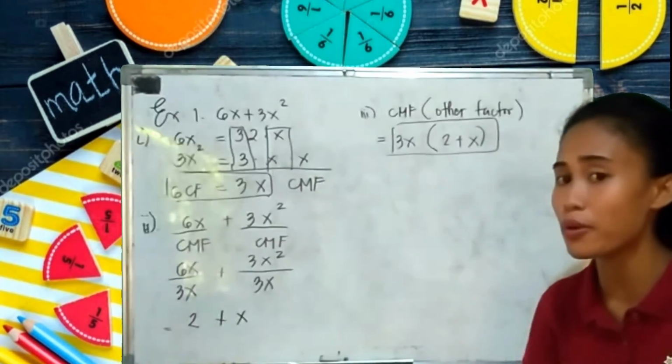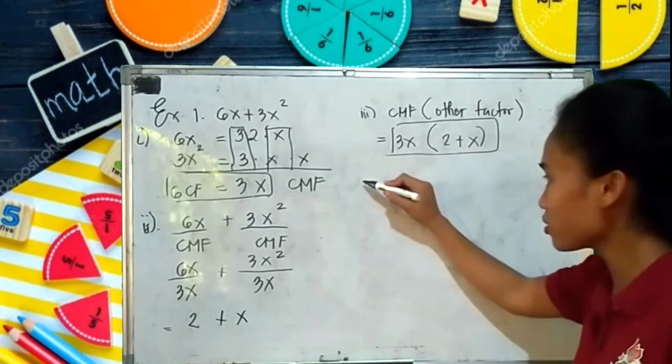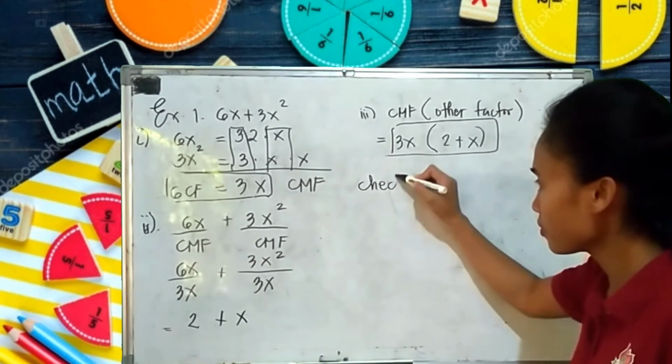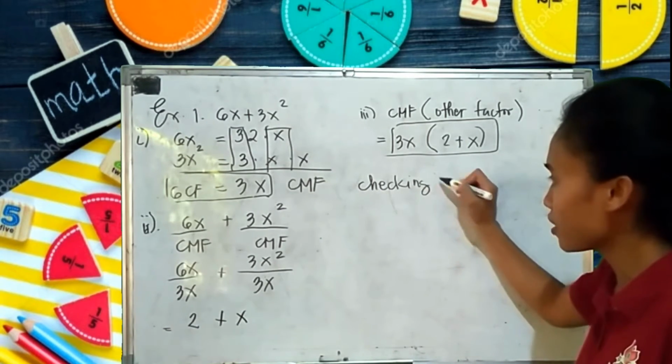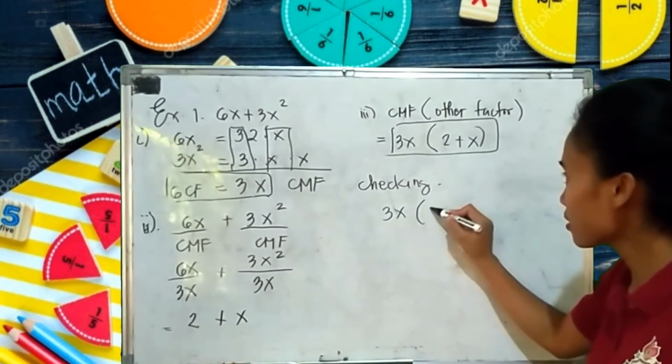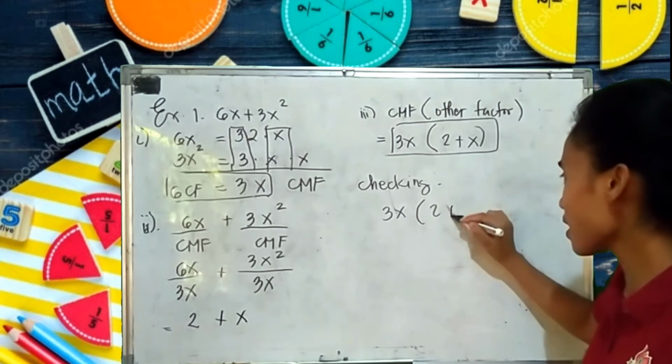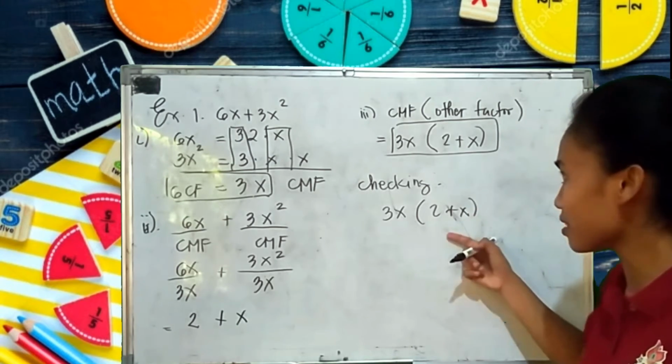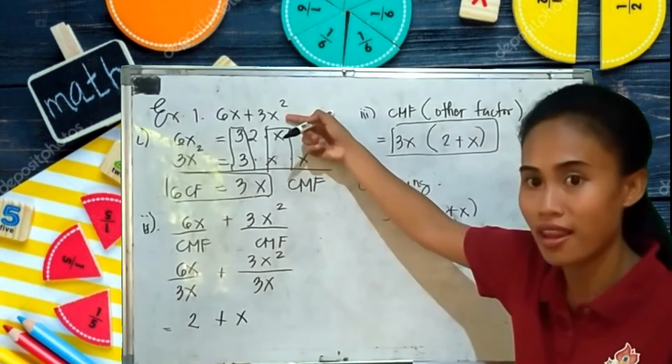Now, how do we know if our answer is correct? We try to check this one. So by checking, we have your 3x times 2 plus x. We must obtain the same polynomial.